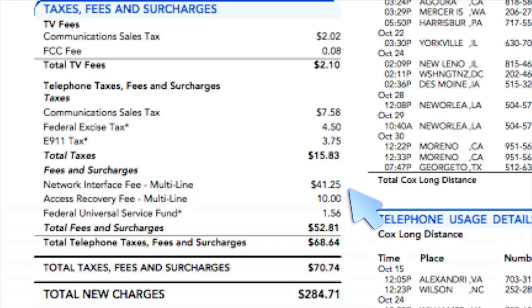It is a variable fee that is charged regardless of which telecommunications provider you choose. Finally, the access recovery fee shown here also varies by market. In 2011, the Federal Communications Commission, or FCC, changed the way service providers are paid for terminating other telephone companies' voice calls. All carriers may charge this fee, and Cox implemented this charge in 2011.